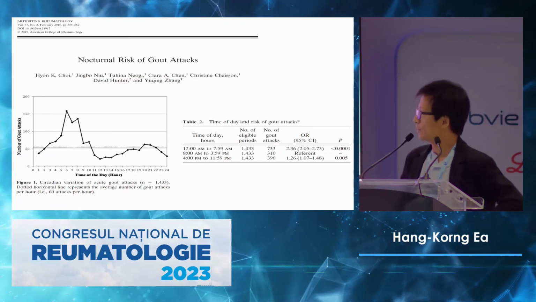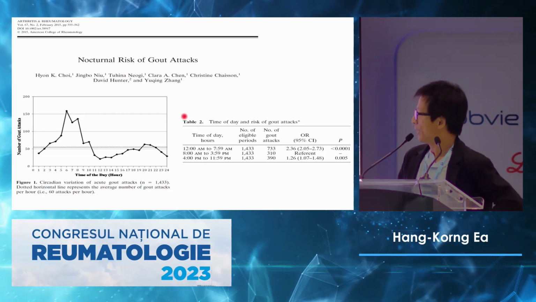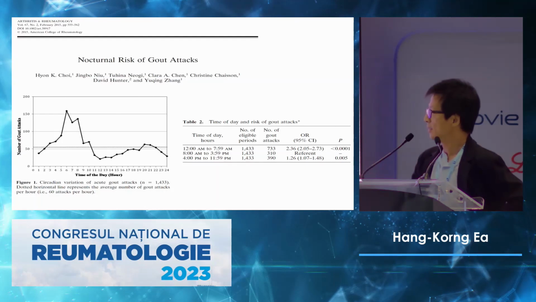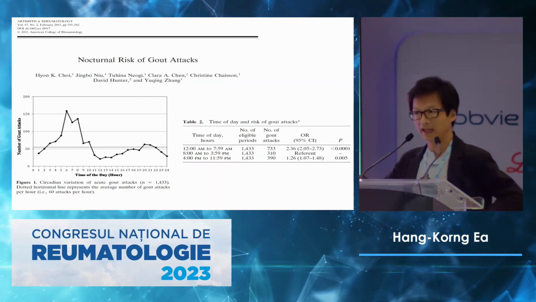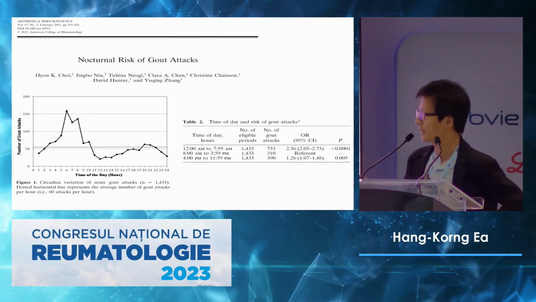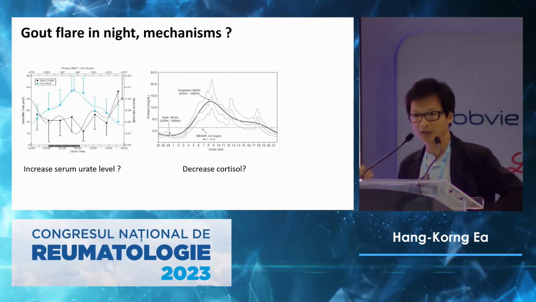This study from Choi showed that flares occur 2.6-fold more often in the early morning, between 4 and 8 hours. So what is the mechanism of this? Why do flares occur in the morning? There are several hypotheses.